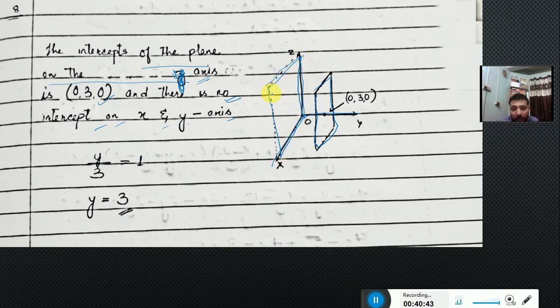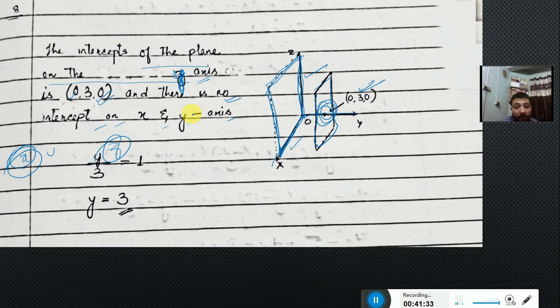According to the question, it is parallel to the z o x plane, so it is not touching the z-axis, and it is not touching the x-axis. That means the coordinates of x and z should be 0, and it is cutting the y-axis only at this point. So I will not have my x part, I will not have my z part.